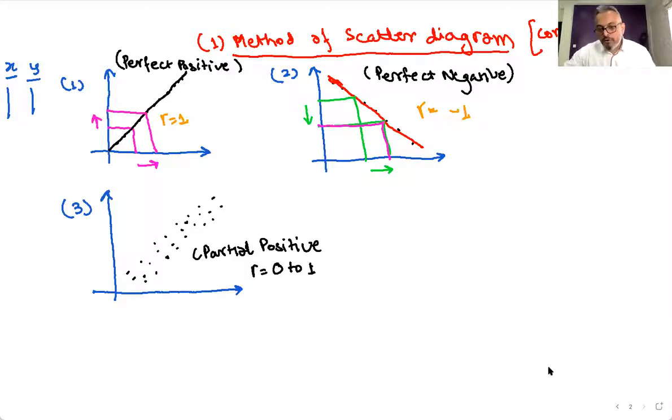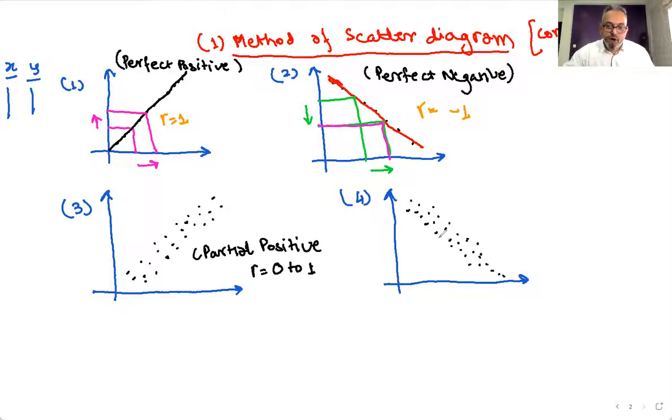Now, no prizes for guessing the fourth diagram. In the fourth diagram, again x-axis, y-axis, when we start plotting, what we get is plots where we get a direction of negative, but we cannot form a single line connecting the dots.